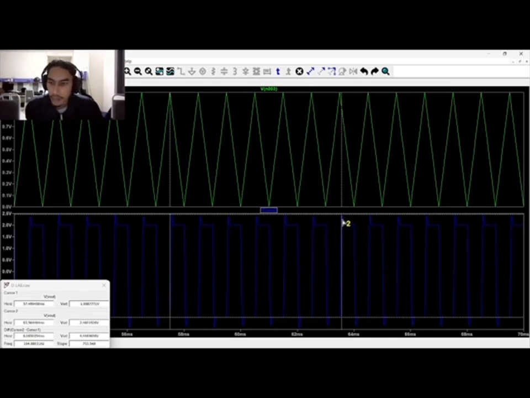This is V out, we get 2.4 V. So based on calculated and experiment, the calculated V out for the differentiator is -1 volt. For V out in the experiment it is -2.4 volt. So that's all for schematic D.